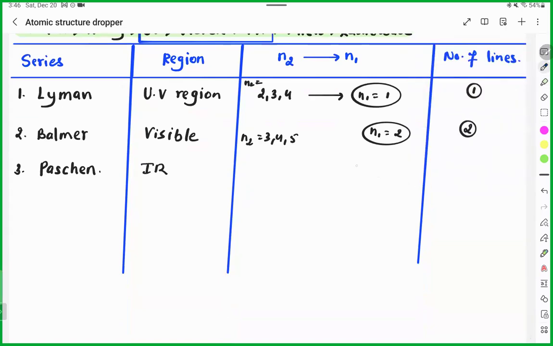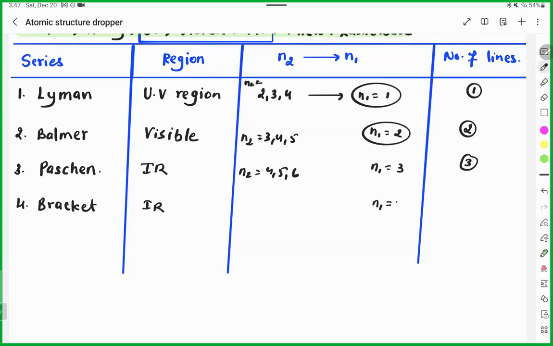Infrared region. Here, the electron will move to the third shell. If it moves to the third shell, it will come from a higher level, and higher level could be anything more than 3: 4, 5, 6, anything like that. Number of spectral lines: 3. Fourth, Brackett, again infrared.